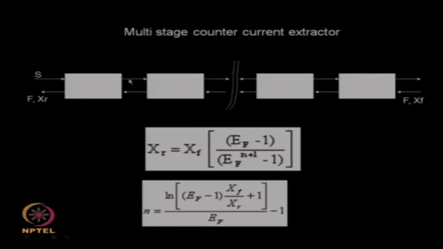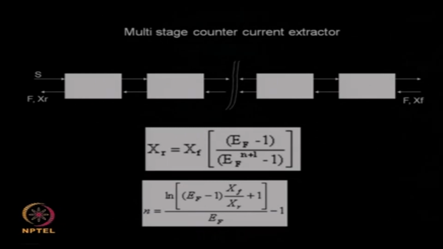And the streams that are leaving each stage, these are the 2 streams, and these 2 streams are at equilibrium.